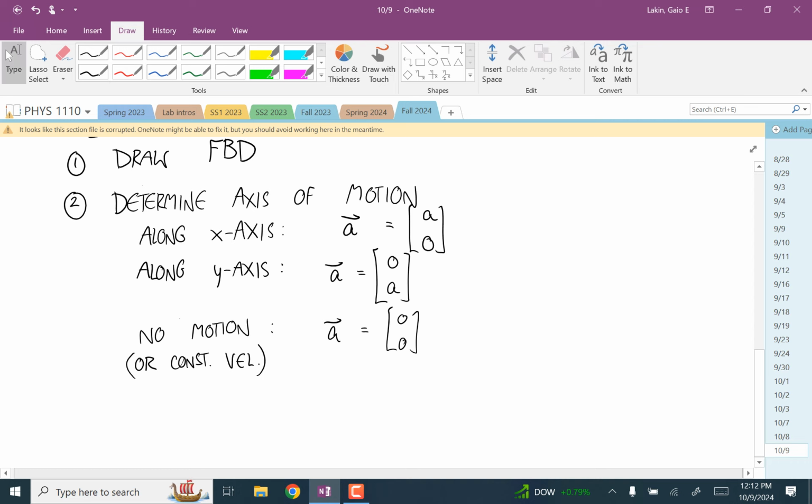And then the last step is put all this information into Newton's second law and use it to solve for variable values.